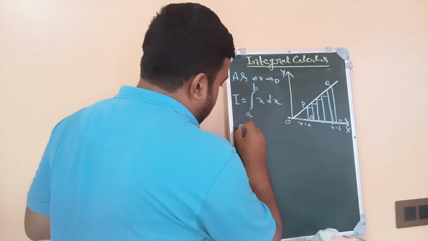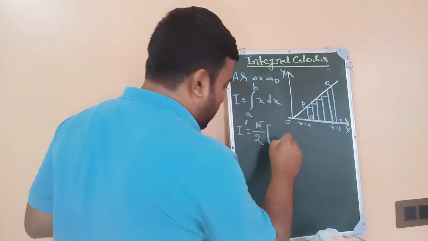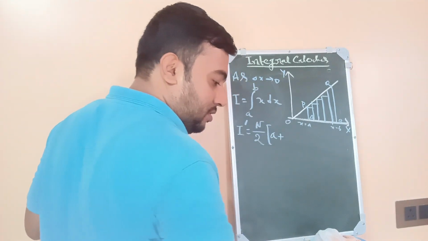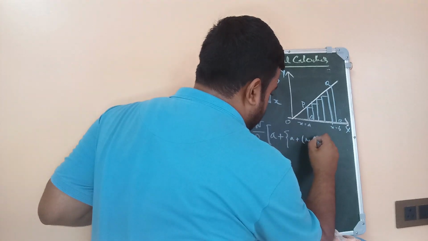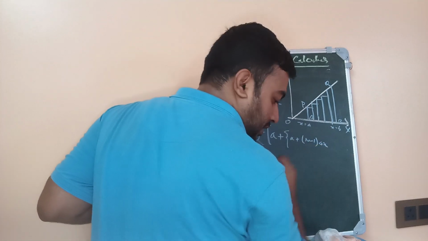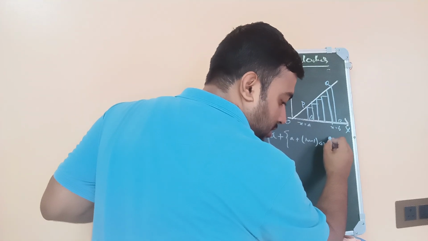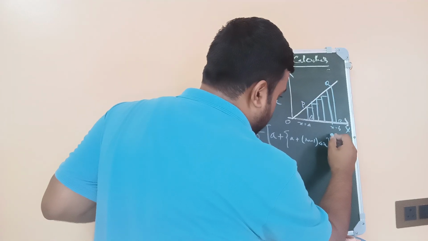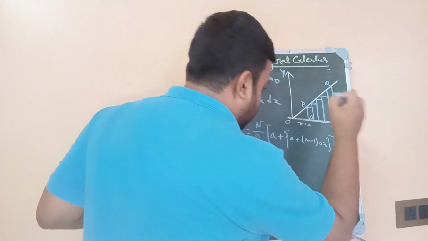So we can write I prime = n by 2 into the first term, a into delta x, plus the last term, (a + (n - 1) into delta x) into delta x.